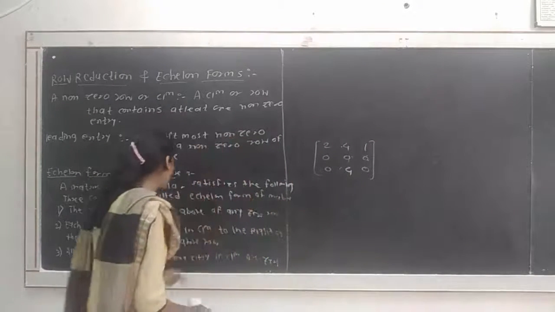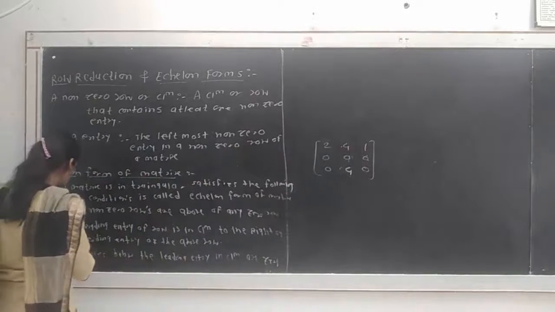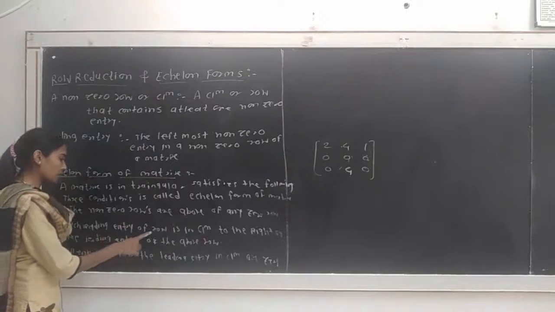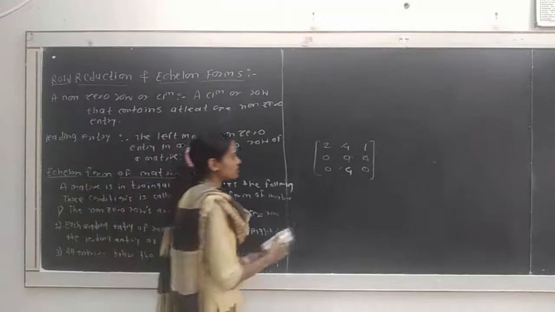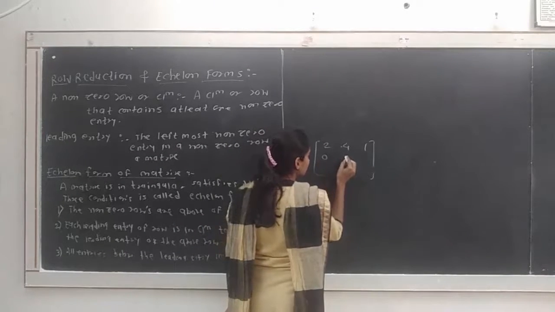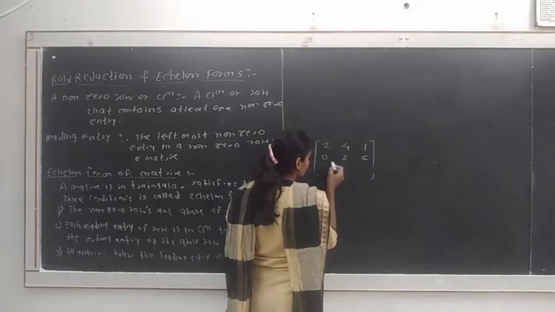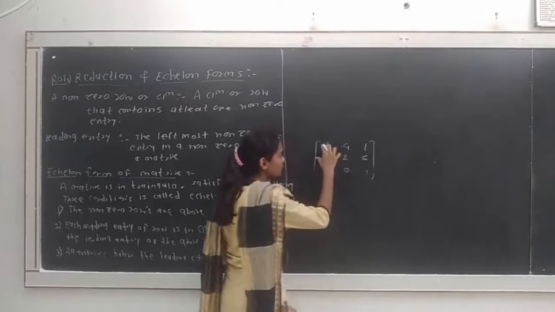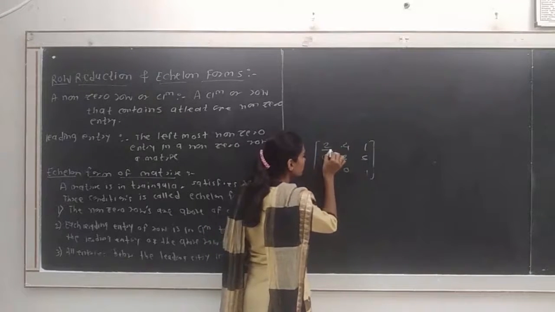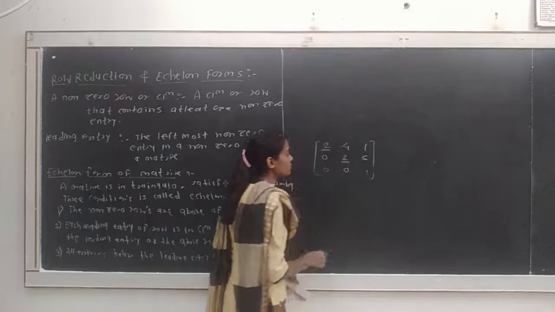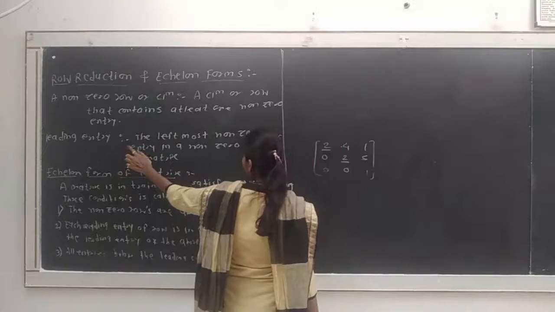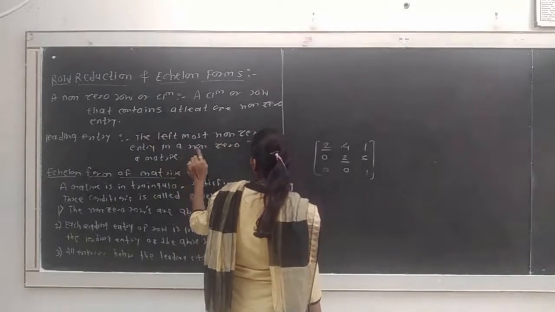Then the second condition is that each leading entry of a row is in a column to the right of the leading entry of the row above. If we consider two consecutive rows, say 0, 2, 5 and 0, 0, 1, then the leading entry is the leftmost non-zero entry in a non-zero row.